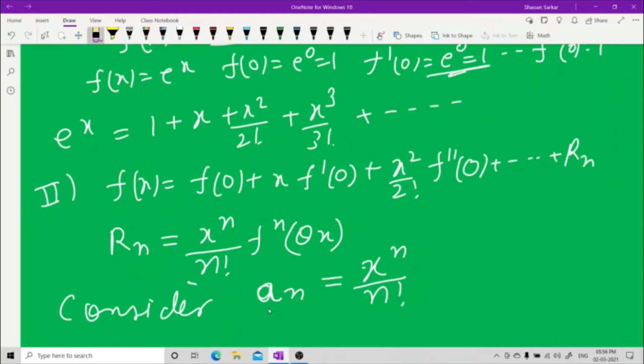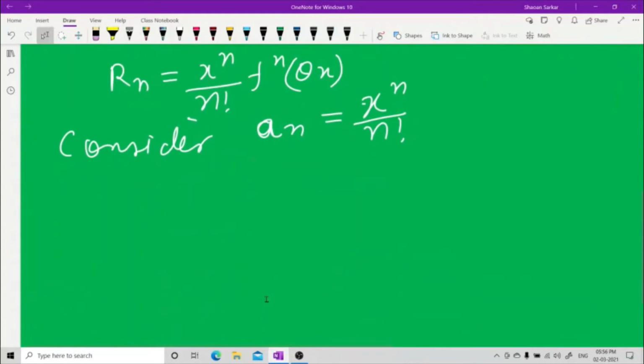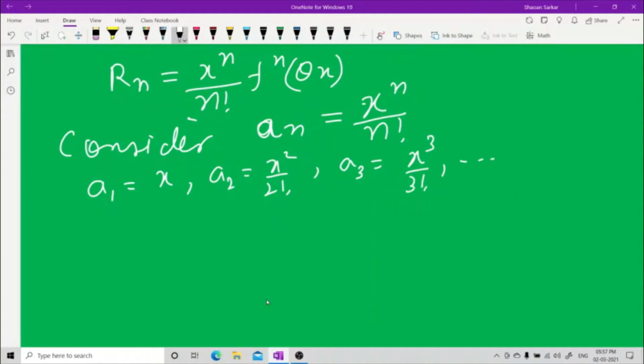Now there is a result in real analysis. This a_n is a sequence: a1 is x, then a2 is nothing but x square by 2 factorial, similarly a3 is x cube by 3 factorial and so forth.